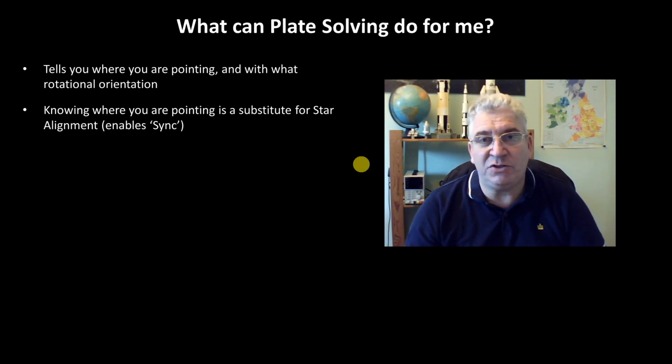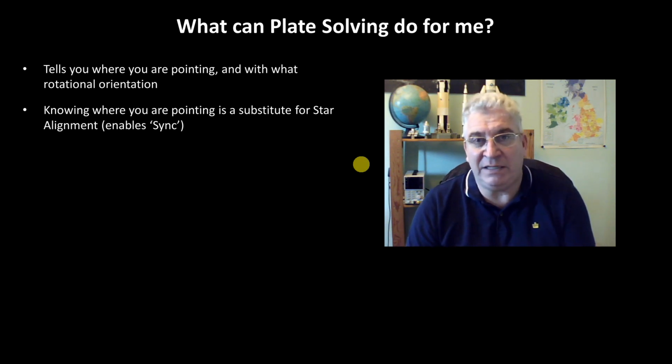So if you're used to star aligning by slewing to a chosen bright star and then trying to adjust your pointing to try and get that bright star in your field of view of your camera, then getting it in the center and then pressing a button to complete the star align, you're creating a sync point, which is an extra point in a database inside your mount that enables it to point more accurately in the night sky with your current setup.